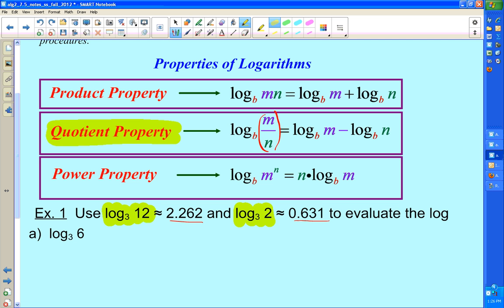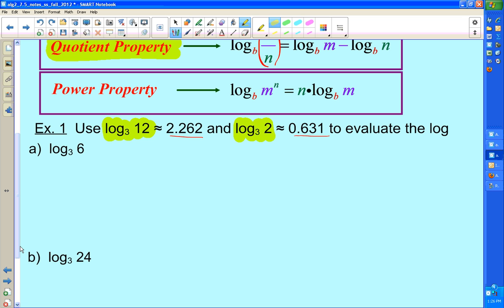So in this problem, what we want to do is utilize these properties instead, because we know what log base 3 of 12 is because they're telling us. And we know what log base 3 of 2 is because they're telling us. And I need to be able to take log base 3 of 6. If I know these, is there a way I could write log base 3 of 6 using the 12s and 2s?